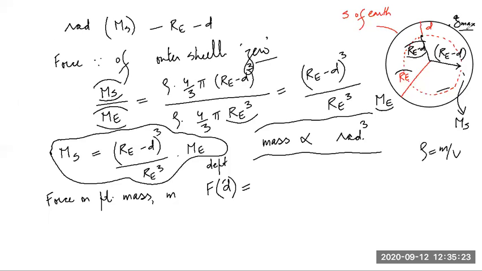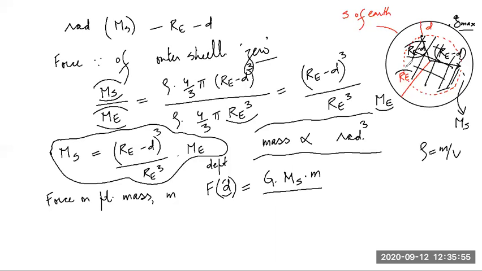Great. Fine. So f of d, I could write f of d as G into m. Should I write Me or Ms, because it is at a depth? It is not at the surface. Tell me. Ms. Correct. So you are understanding. Ms into m. Ms is the mass of this much portion of Earth.